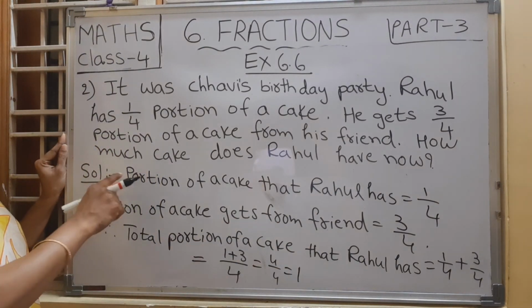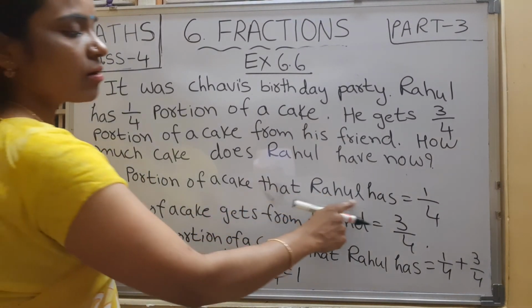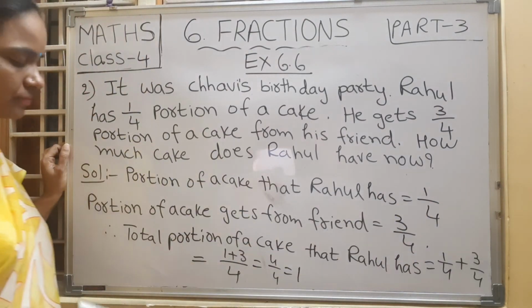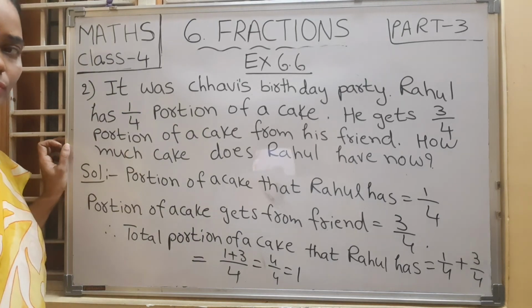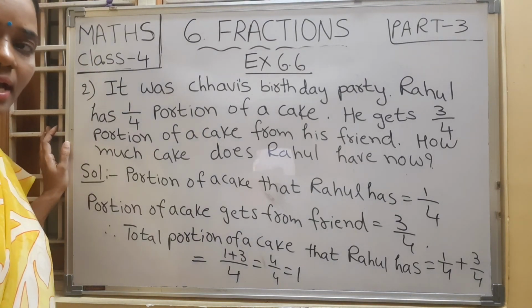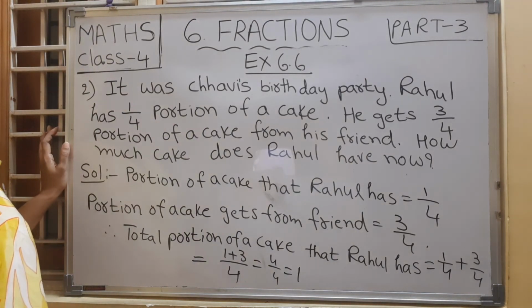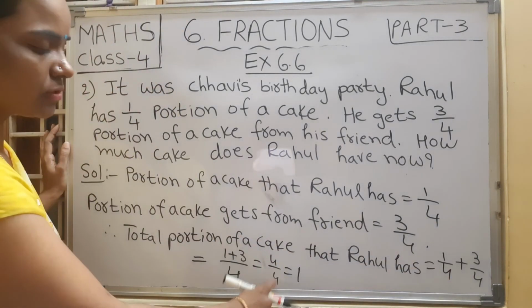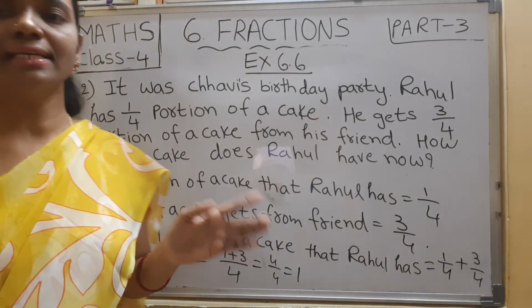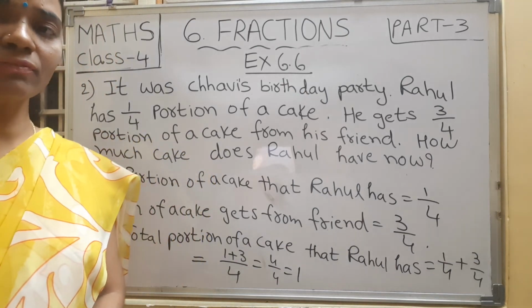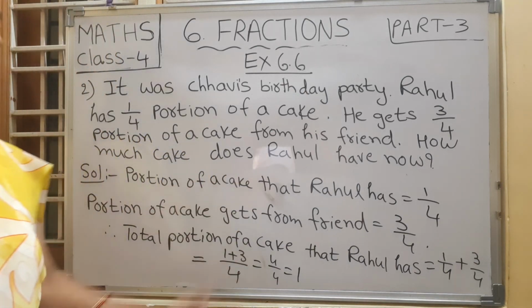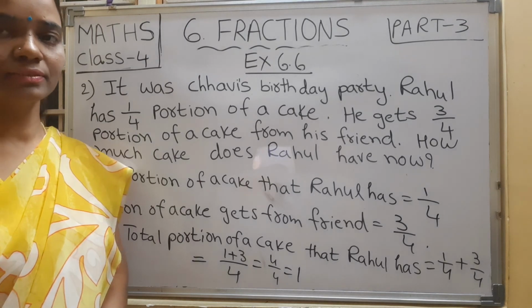So, portion of a cake that Rahul has is 1 by 4, and portion of a cake he gets from his friend is 3 by 4. Total, take the addition, 1 by 4 plus 3 by 4. 4 by 4 means 1. He has the full cake now. Note it down, children.